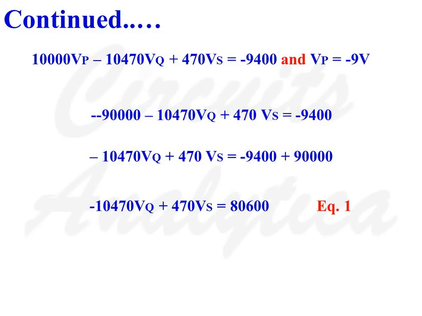Here Vp is given as minus 9 volt. Therefore we can write minus 90,000 minus 10,470 Vq plus 470 Vs is equal to minus 9,400. Rearranging the terms, we will get minus 10,470 Vq plus 470 Vs is equal to 80,600. Equation number 1.